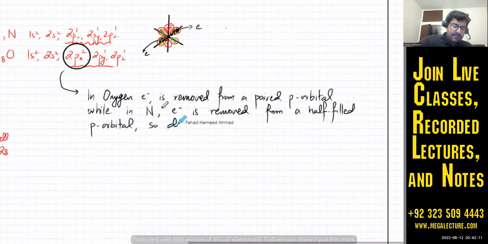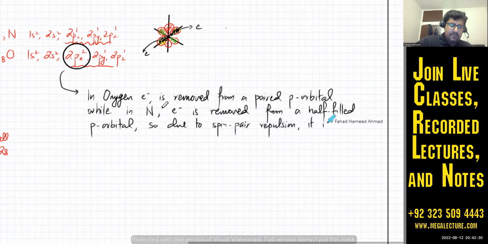So due to spin pair repulsion in oxygen, spin pair means you've got a pair of electrons, right? So due to spin pair repulsion, it is easier to remove electrons from oxygen.